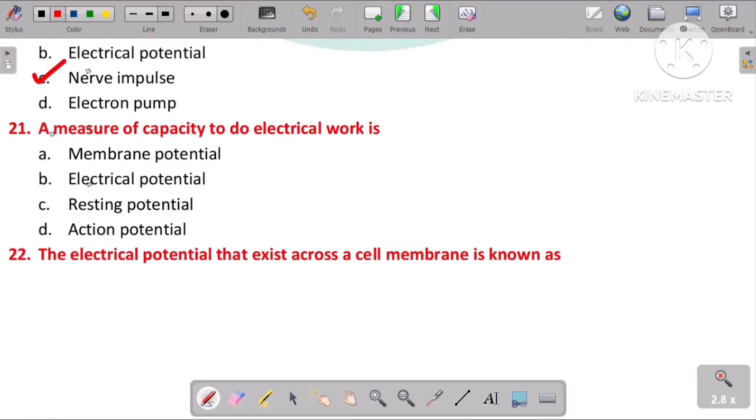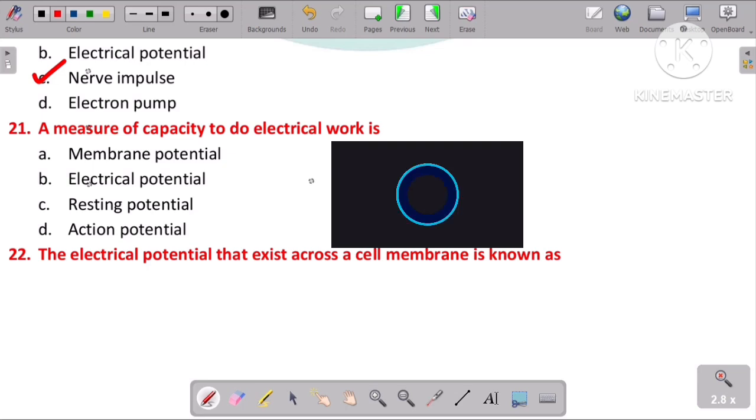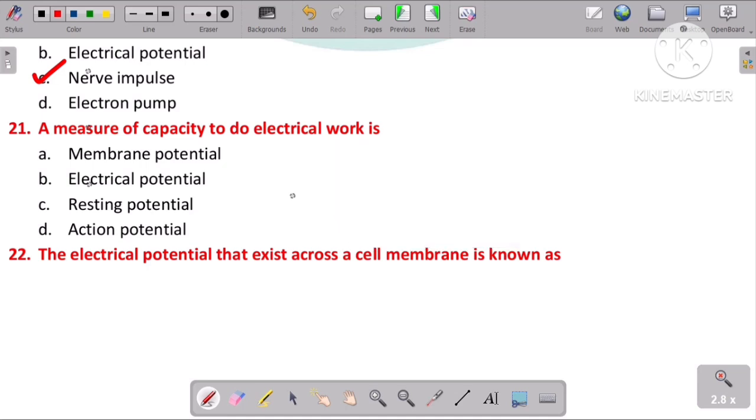So the next question is: a measure of capacity to do electrical work is... So the right option is option B, electrical potential.